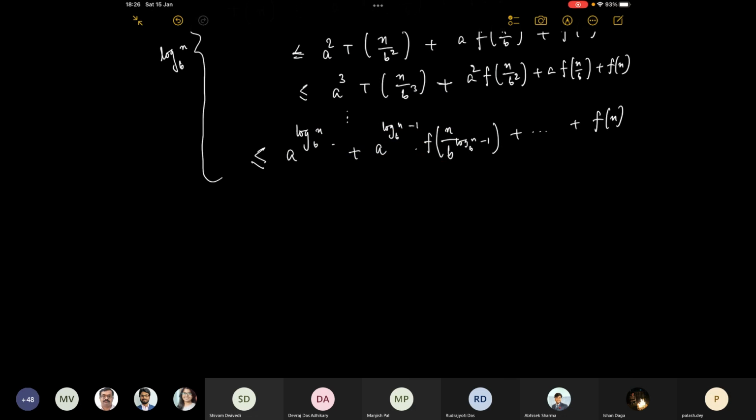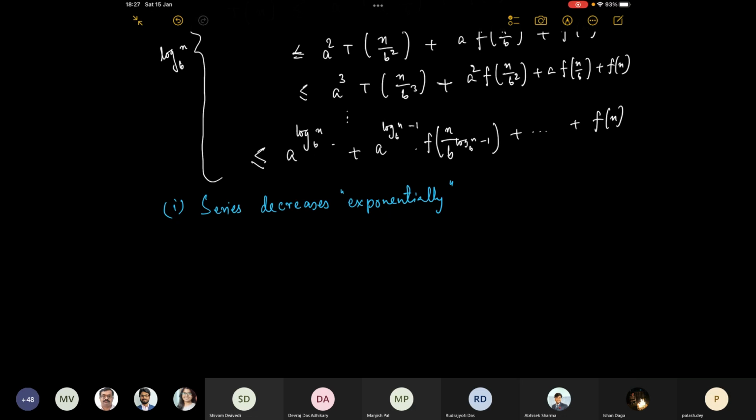So case one, if this series decreases exponentially, if it so happens that this function f is such that this series is an exponentially decreasing series.